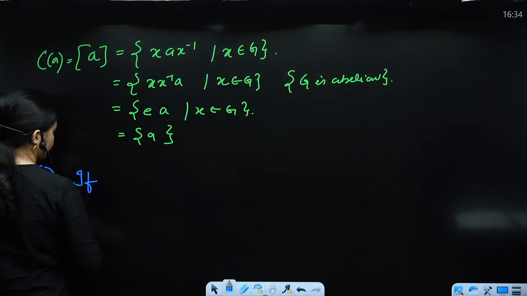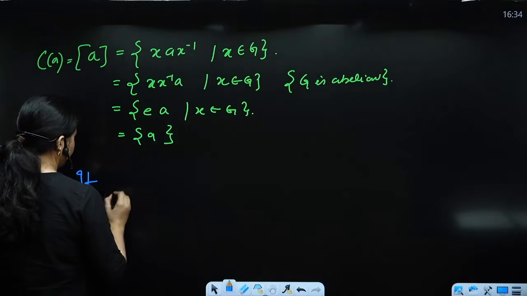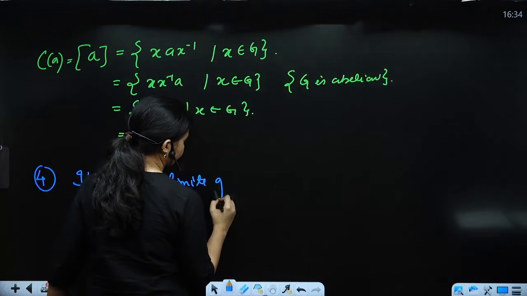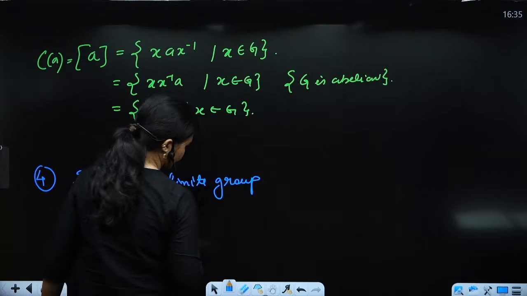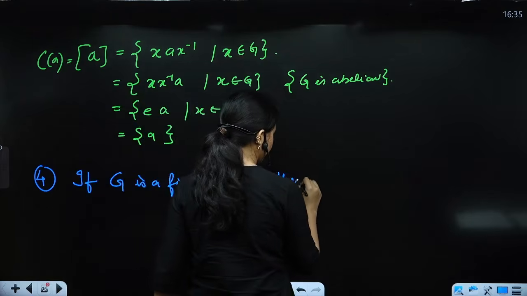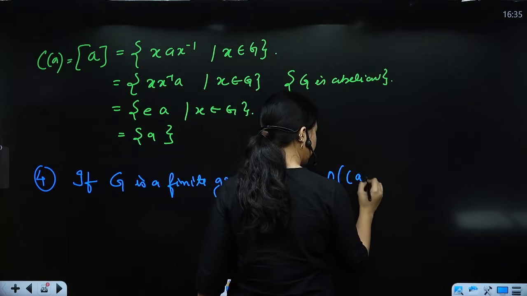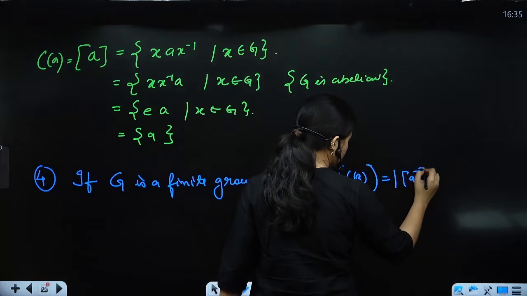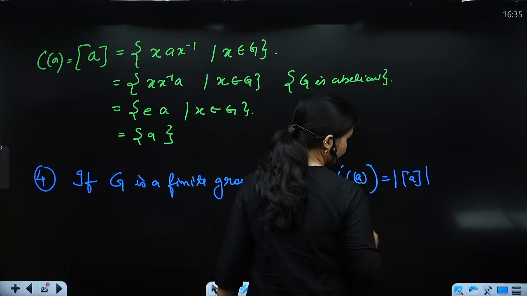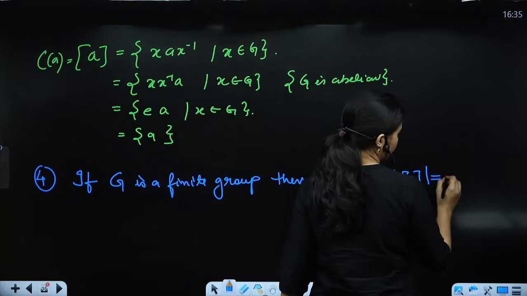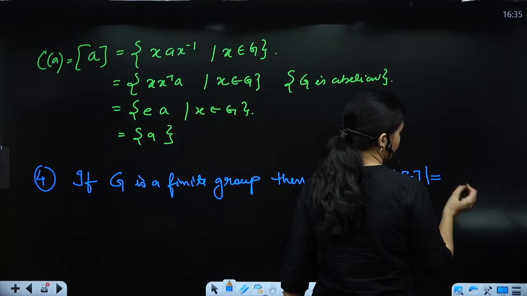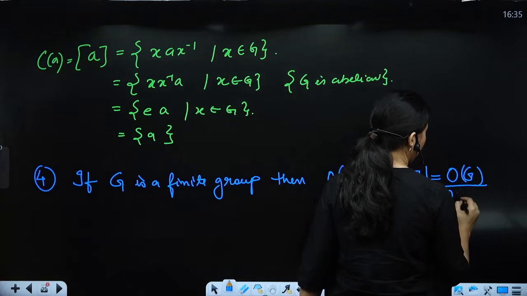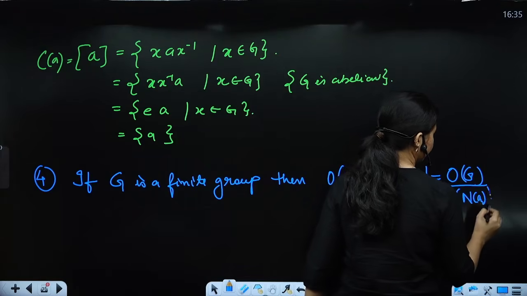If G is a finite group, then the order of C(a), that is the cardinality of the conjugacy class of a, is equal to the order of G divided by the order of N(a).